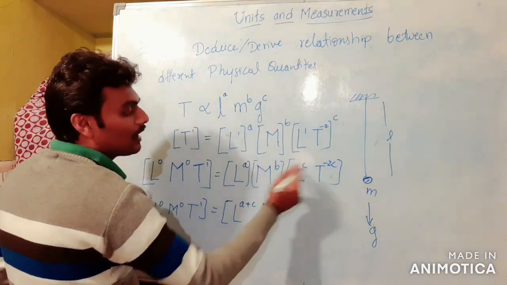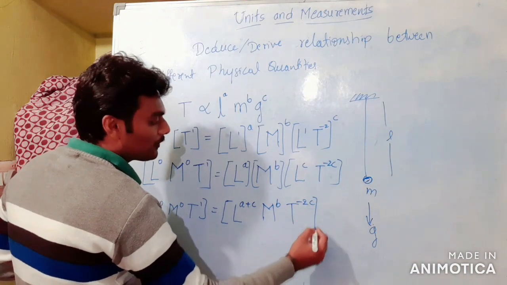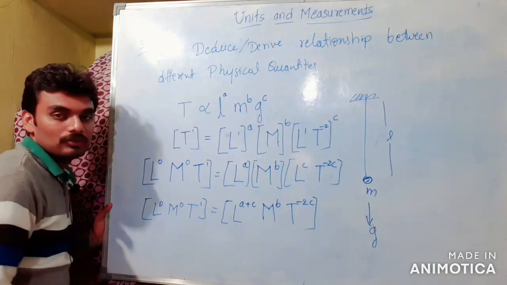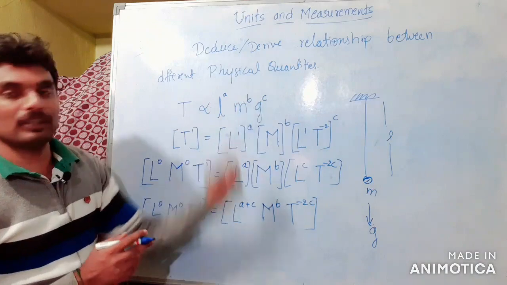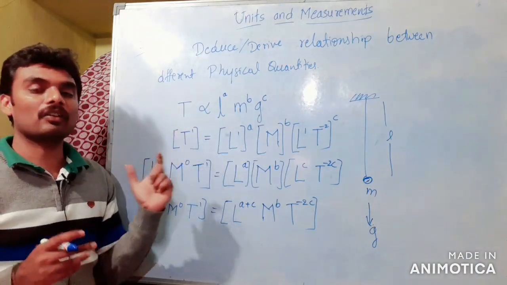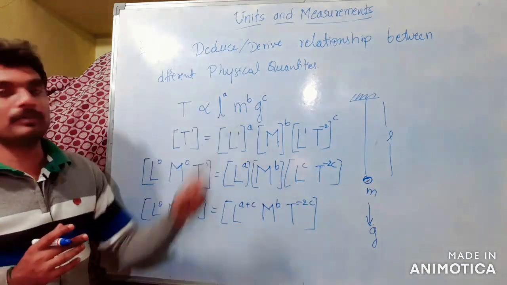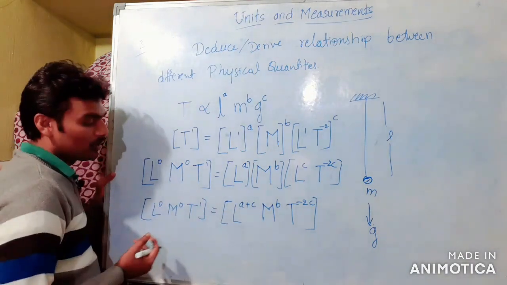M raised to B, and finally I have T raised to minus 2C. Following? Okay, now what do we do? How do we get the expression? What we actually need is the values of A, B, C. If we get the values of A, B, C, we'll get the connection, or we'll get the formula how T is dependent on L, M, G. So let us compare the powers on both the sides.